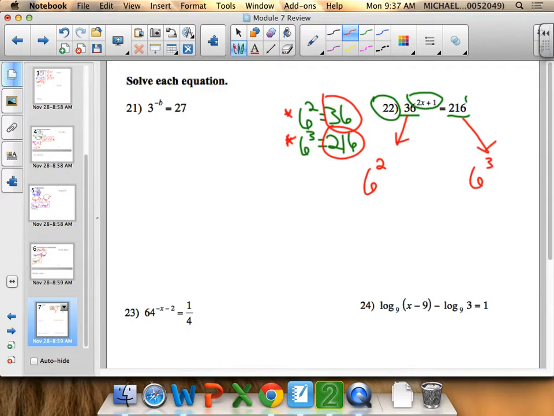Now, another piece of information that is very important. The 36 and 6 squared is the same thing, just written in a different way. The 36 originally had this power already there. This power and the power of 2 need to interact with each other. They're being multiplied with each other.